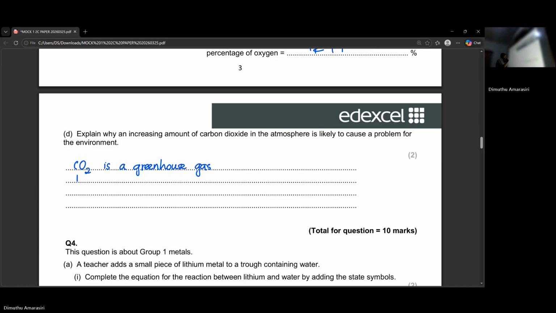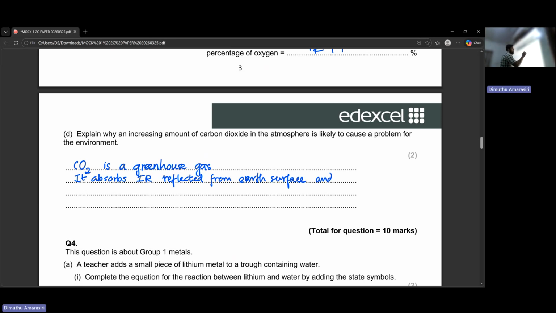Right? It absorbs IR reflected from Earth's surface and re-radiates back to Earth.